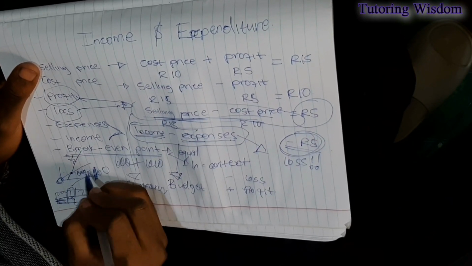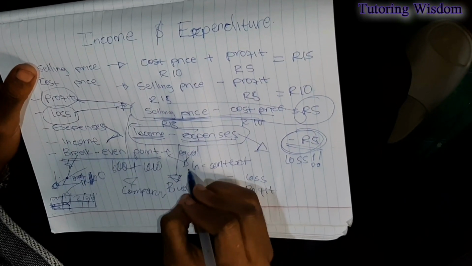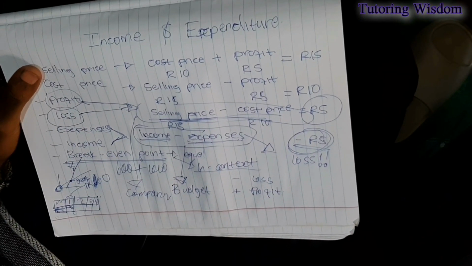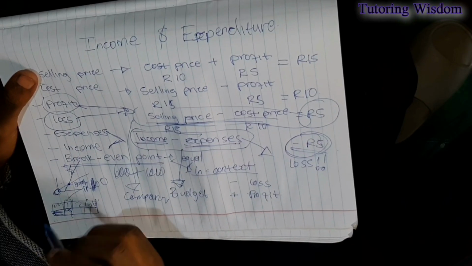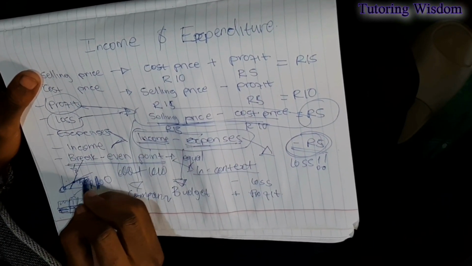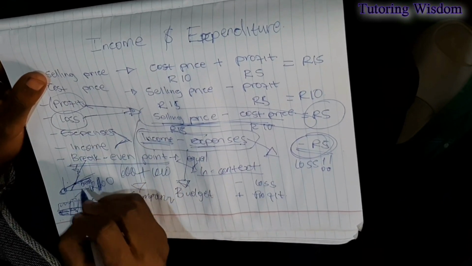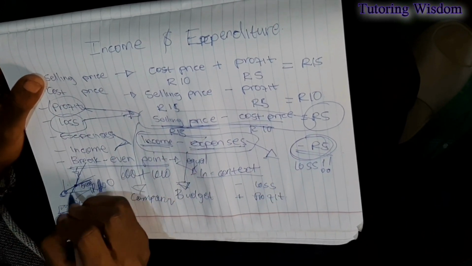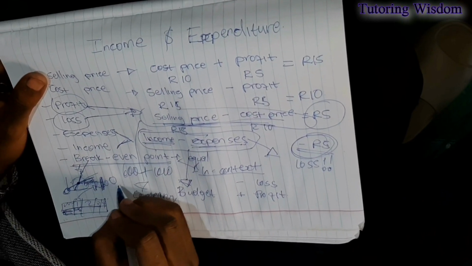So you explain your break-even point in context to the table or graph in this way. The break-even point in context to the graph is the point where the expenses meet the income, or where the income meets the expenses. So that's the point where these two meet, which means at that point they are equal.